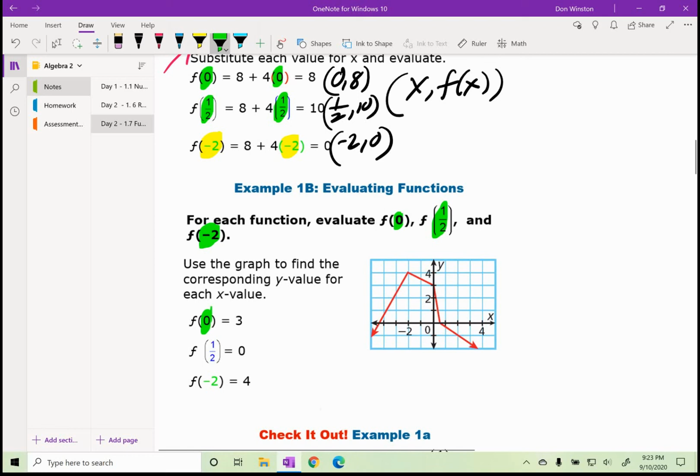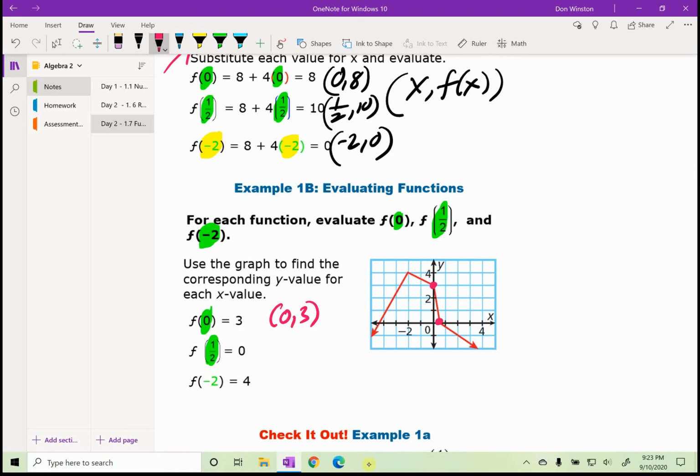So the x value they give us is here. So I have to go to the graph, and there's x is equal to 0. Then I go up to the graph, and right there, y is equal to 3. So the ordered pair would be 0, 3. Okay. And again, they give me the value for x is 1/2. I go to x is 1/2, and then I take a look at the y value. Well, the y value is 0.